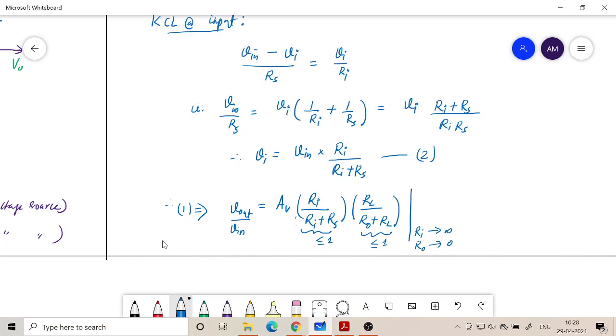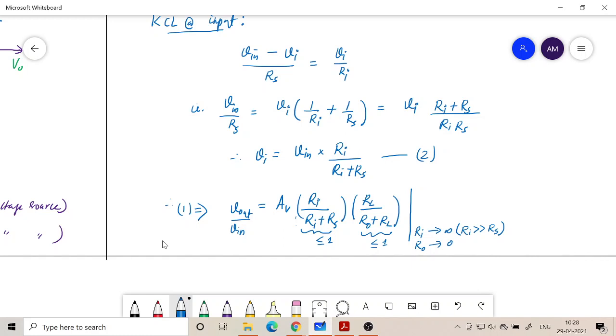What do I mean by very large? Ri tending to infinity means practically speaking Ri should be much greater than Rs.